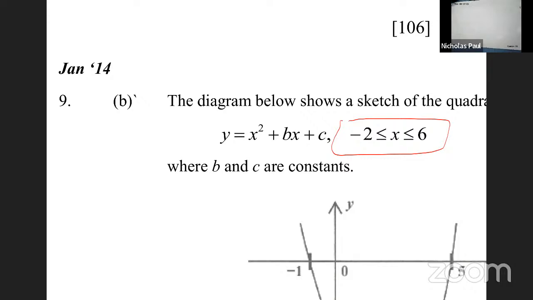Domain, right? Very good, Ariana. This is the domain. So your domain is a set of x values. The range is a set of y values. If you don't remember that, write it down. Your domain, set of x values, and your range, set of y values.